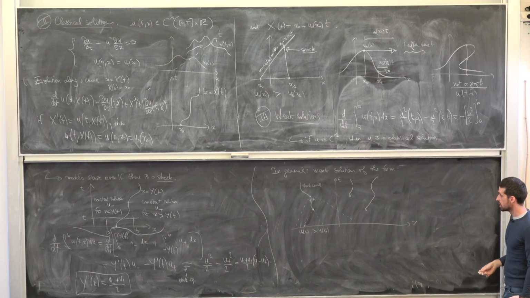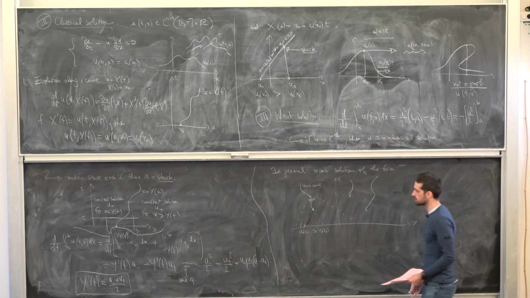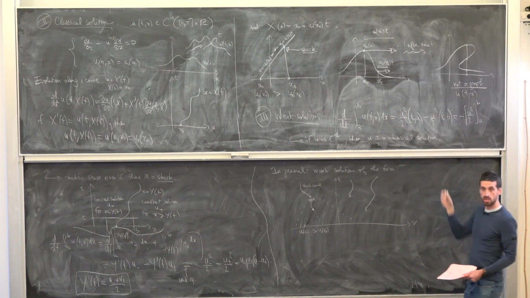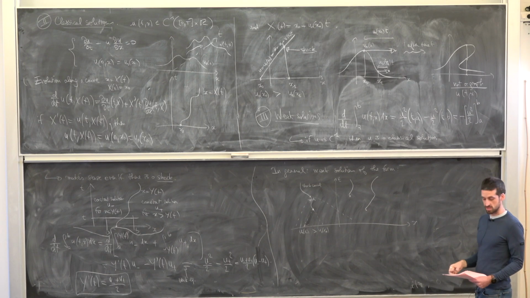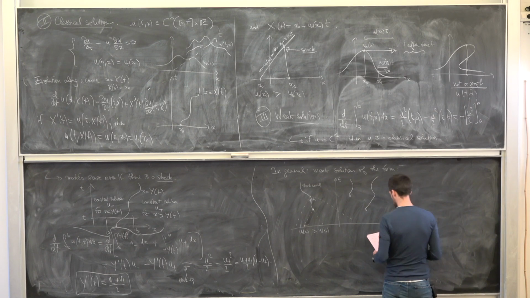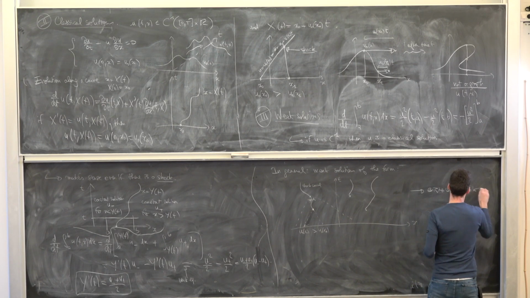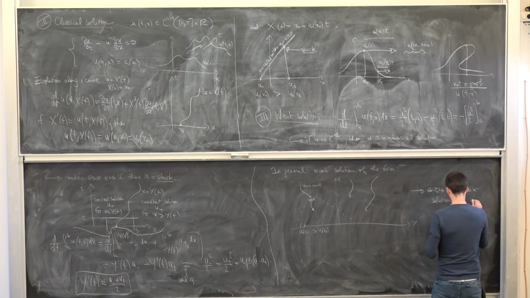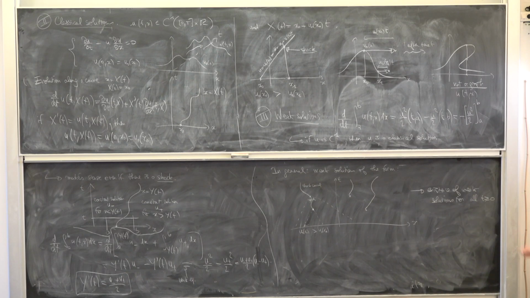You could have a lot of shock curves, and this is going to give you a good notion of solution that satisfies this. And now what we have won is that you can prove existence. So actually, you have existence of weak solutions for all times in the future.